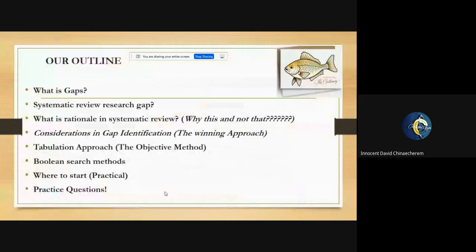So yeah, thank you. What's going to be our outline for today? We're going to talk about gaps in research, which is a very big problem. It doesn't matter if you're doing your primary research or you're working on your laboratory study. Maybe let's say you want to combine acetic acid with an alkaline solution, right?